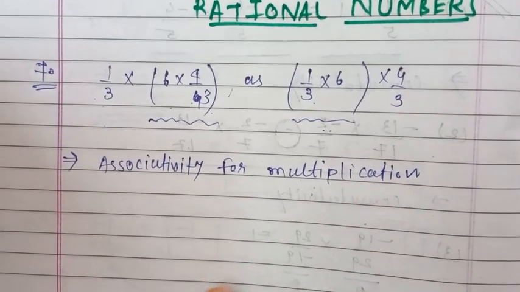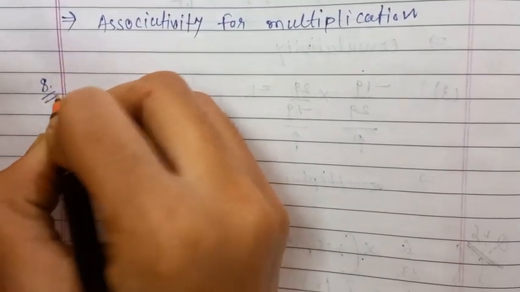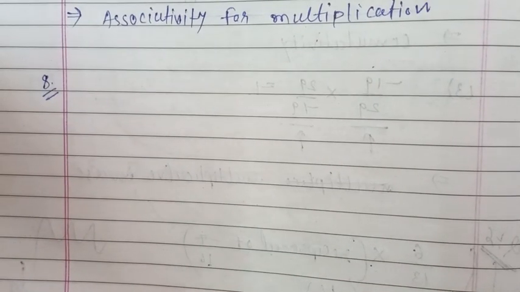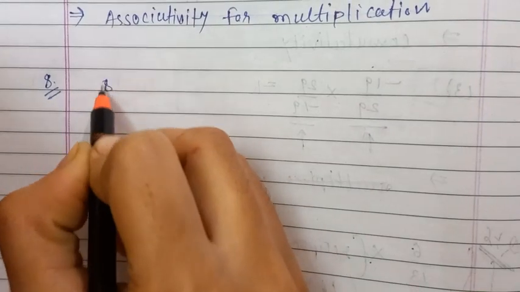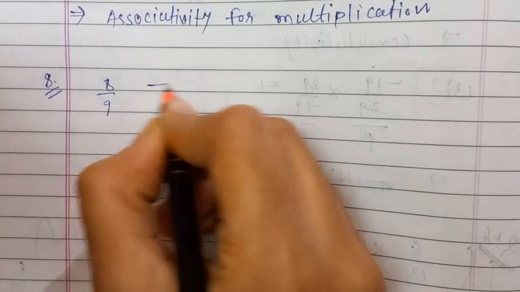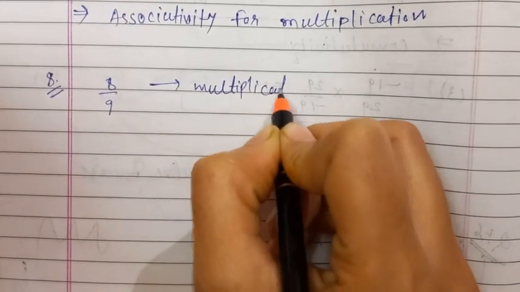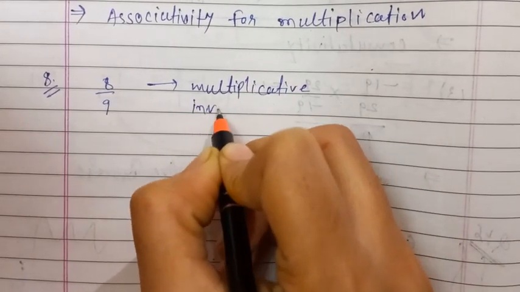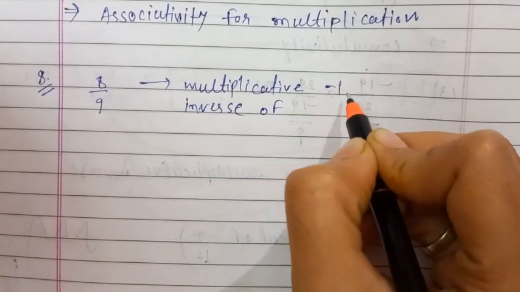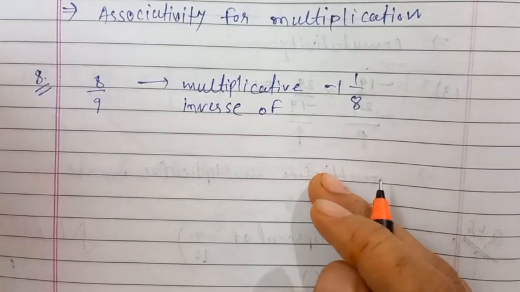So this is question number 7. Now question number 8. What is question number 8? Is 8 by 9 the multiplicative inverse of minus 1 by 8?